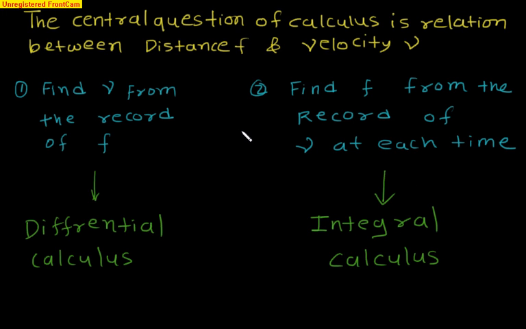We'll first further differentiate these two parts. I think you understood what the main problem is. We want distance from the record of velocity, and we want velocity from the record of distance.